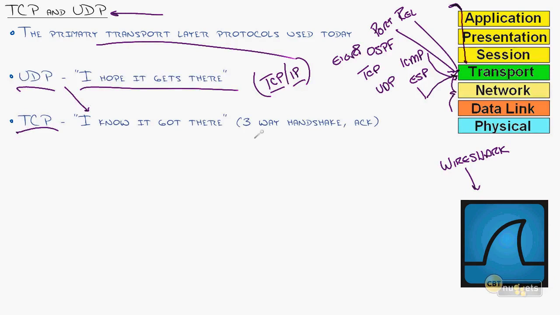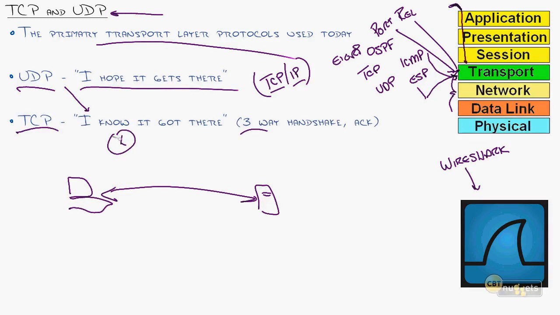The first thing that happens is something known as a three-way handshake. I'll explain this in just a moment, but essentially the two devices that are talking together have to establish a session between each other and make sure that, okay, we agree to talk, okay, that's good. So that's a little time to establish that session.